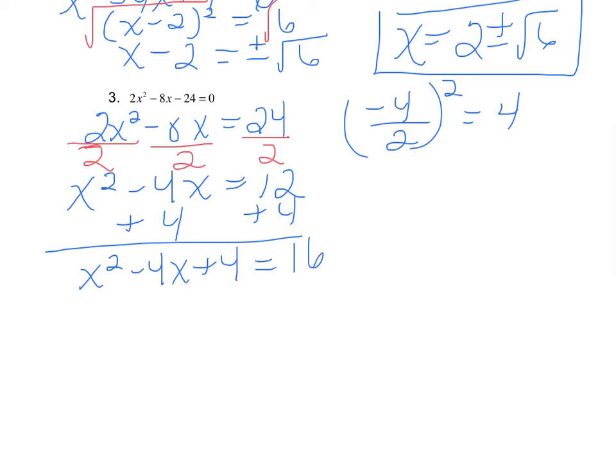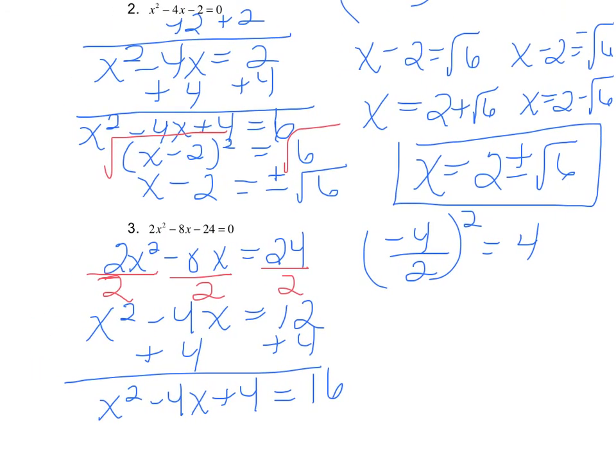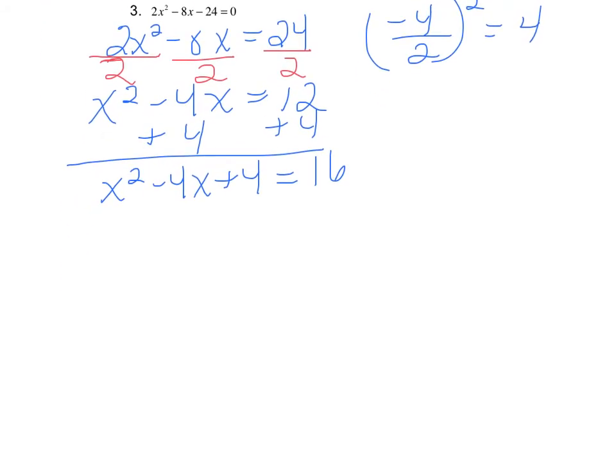Now if you notice, it's the exact same trinomial as we had just above. So this one's easy to factor because I know exactly what it is already. So go back to my problem, and I know it's going to be x minus 2, the whole thing squared.